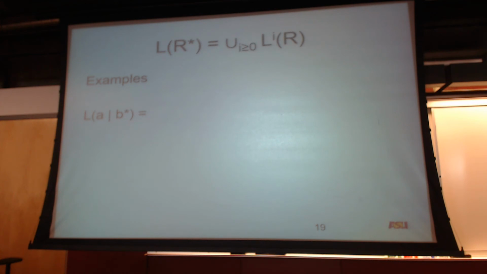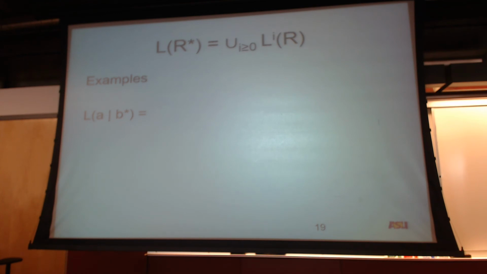Right? So if you do that, then what happens? What will be the set? What is L of B star? Epsilon. You have to have epsilon, so you just blindly put epsilon in it. Then you have to union it with L of B. What is L of B?